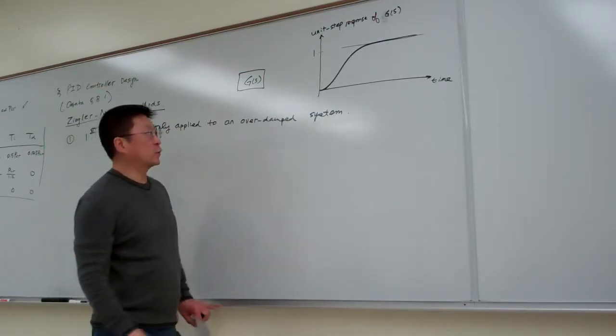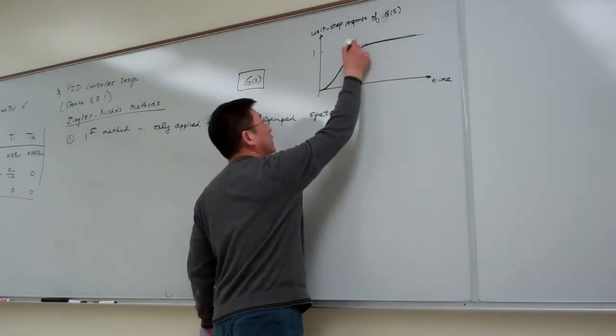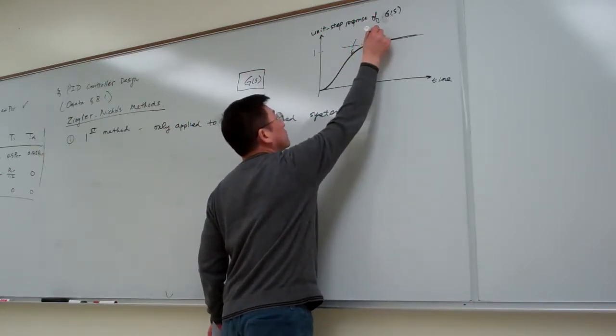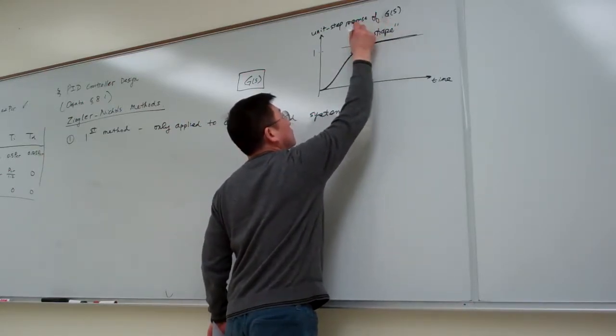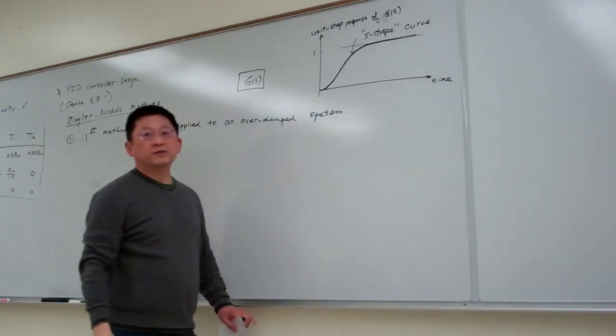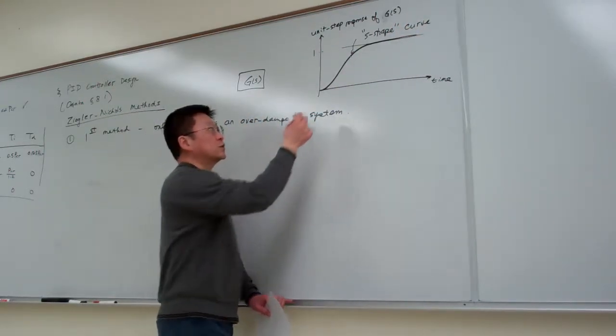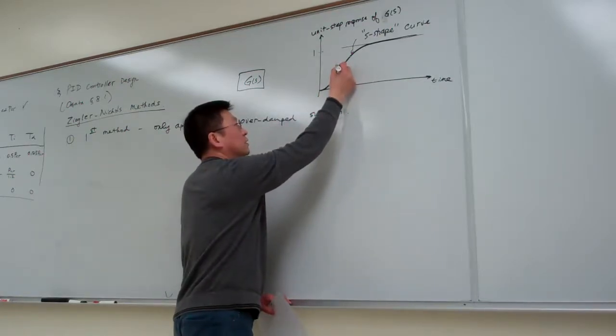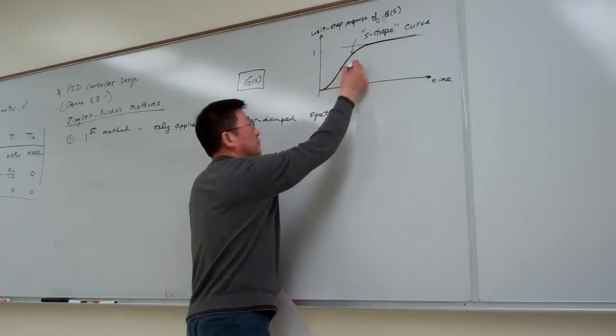And in our textbook, the textbook mentioned this one is called the S-shape curve. For this S-shape curve, there exists a reflection point.